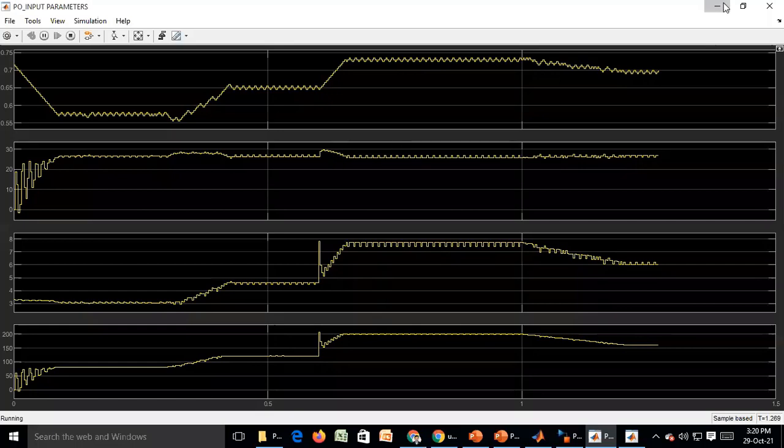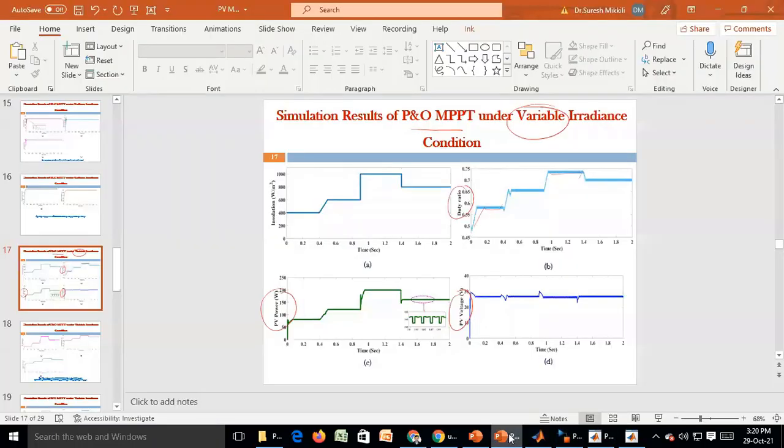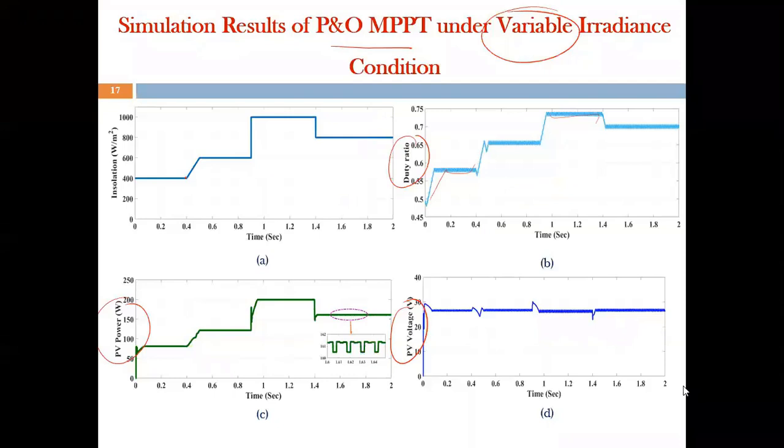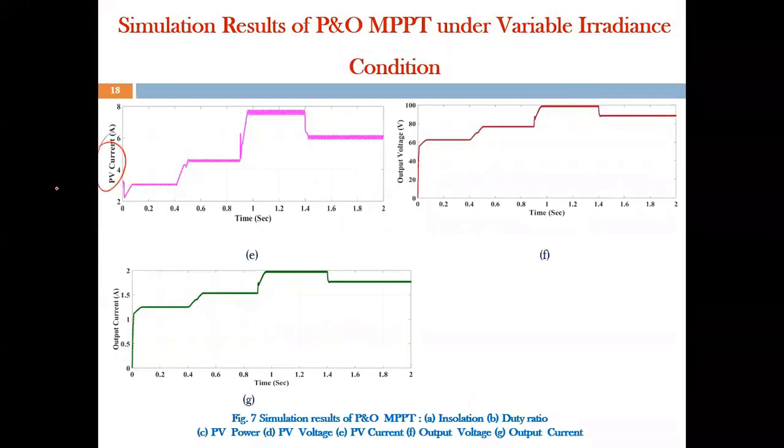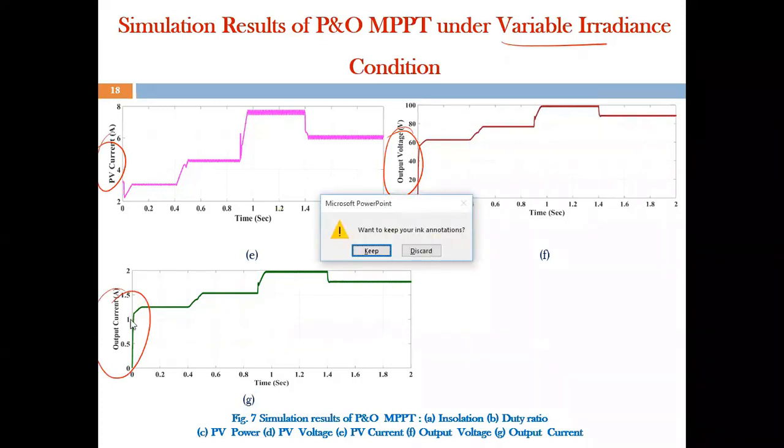The second waveform is the PV current under variable conditions. Then this is the output voltage; the output voltage started at approximately 60, then 80, and it is touching 100.